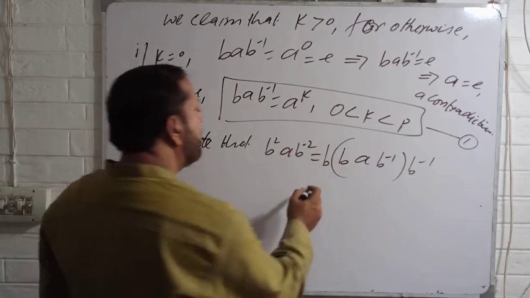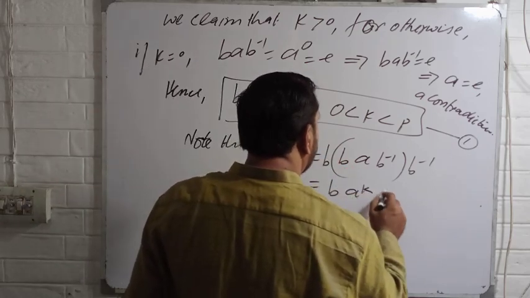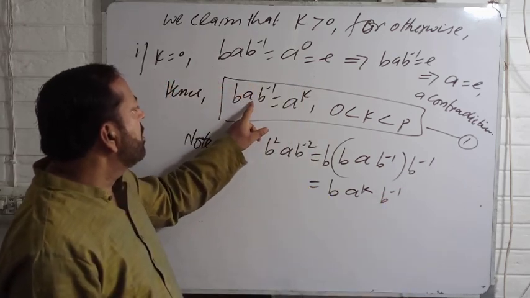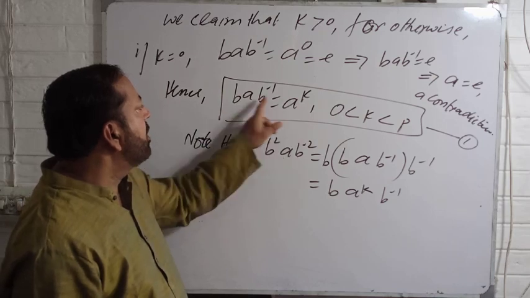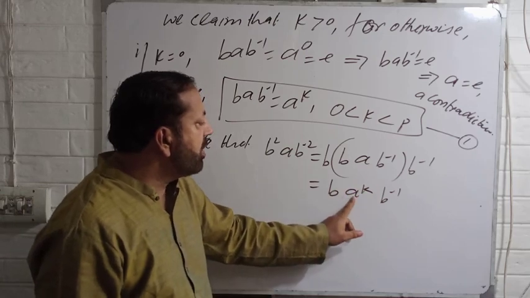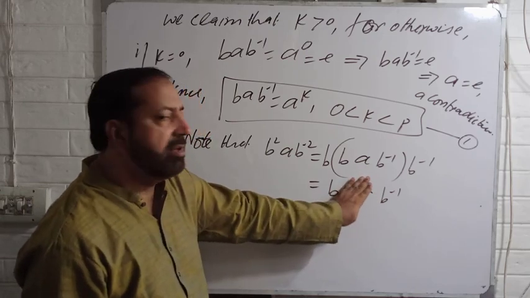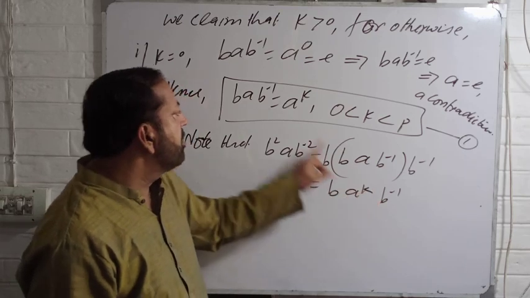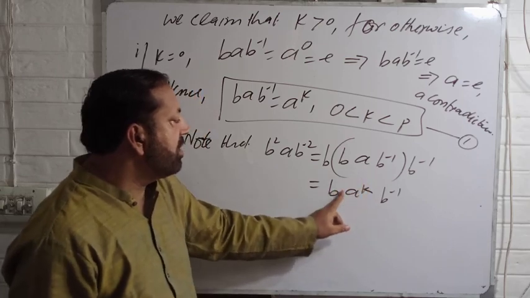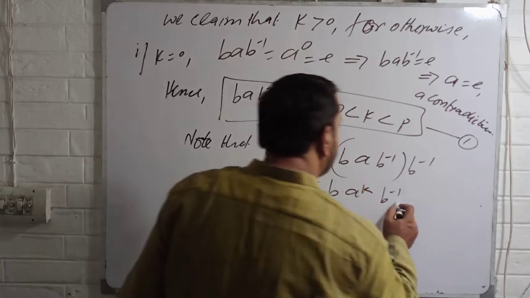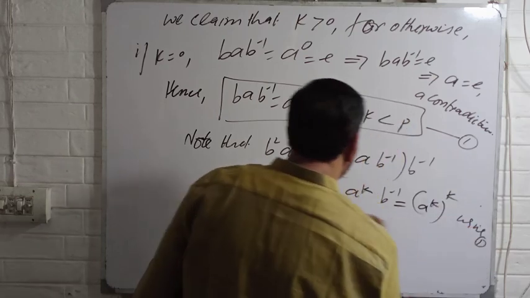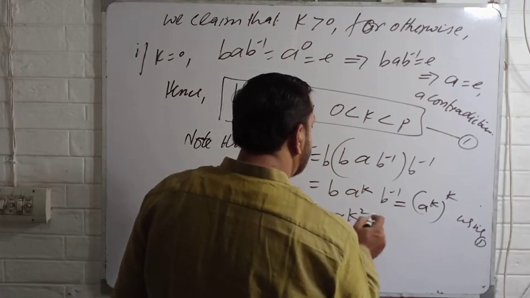This is A power K. You are getting B A power K B inverse. So the definition is, you are raising power K of the central element. So again, if you use this, you will take A power K power K, this is the central element, and B inverse. The formula is, you will take raised power K of the central element. So this is equal to A power K power K using 1. So this is equal to A power K square.